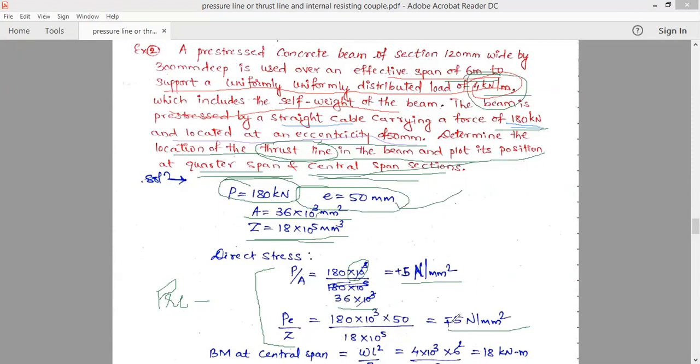I have written minus or plus because when we want to calculate the stress with respect to the strength method, that is the first method, there we are going to use this as minus for the top fibers, and for the bottom fibers it will be plus. So now we will consider only the values. It is 5 Newton per mm square, right?